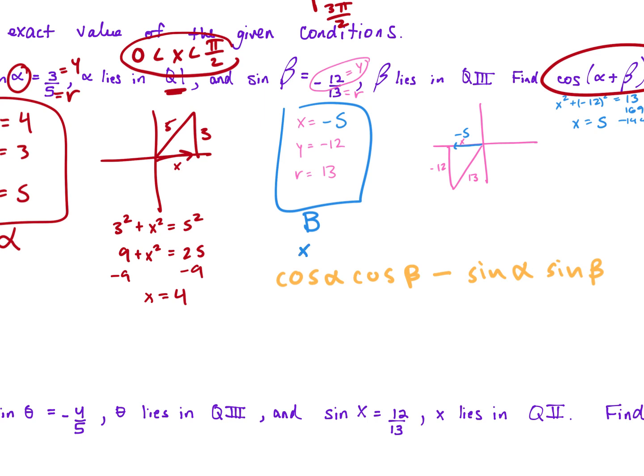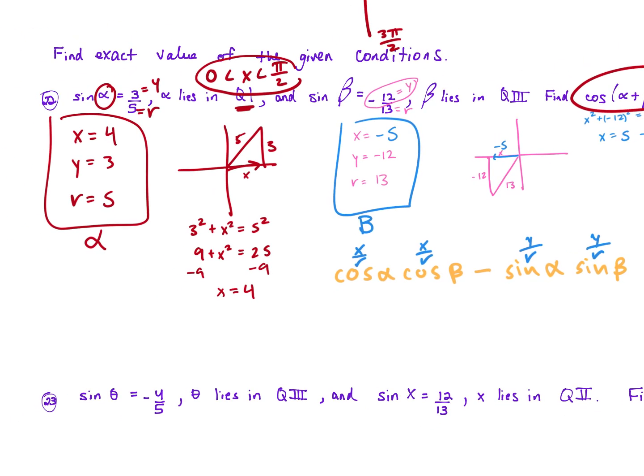So cosine is x over r, and sine is y over r. So looking at our alpha triangle here, what's x? 4 over 5. Yep.